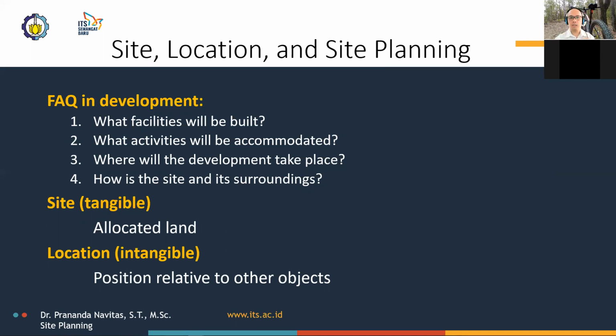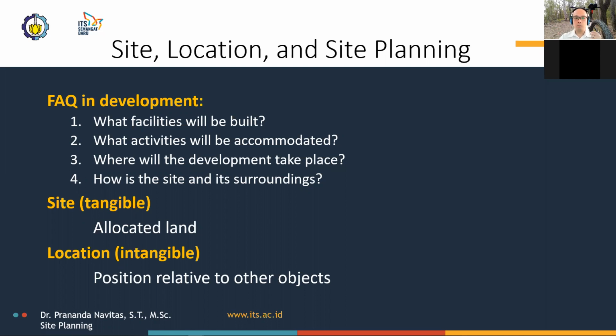The term site simply refers to a plot of land with a certain size, allocated for development. A site can also be viewed as a system made up of several components, both man-made and natural, that constantly interact with each other.